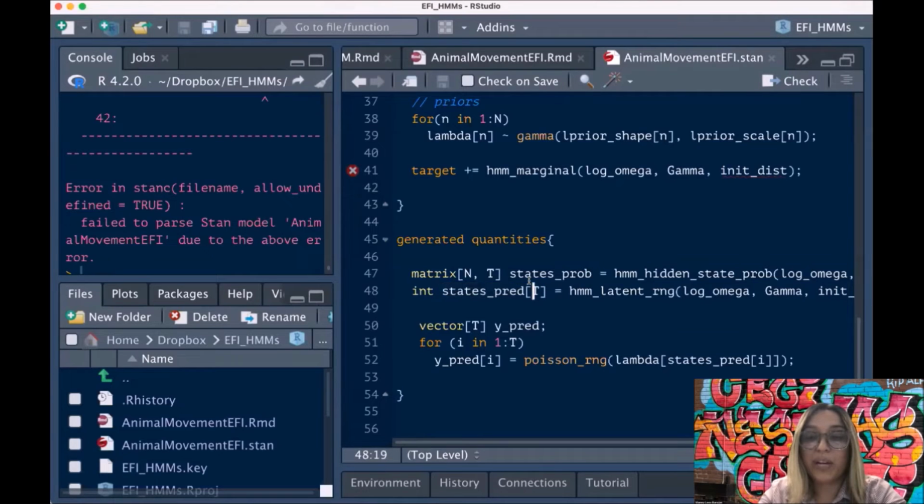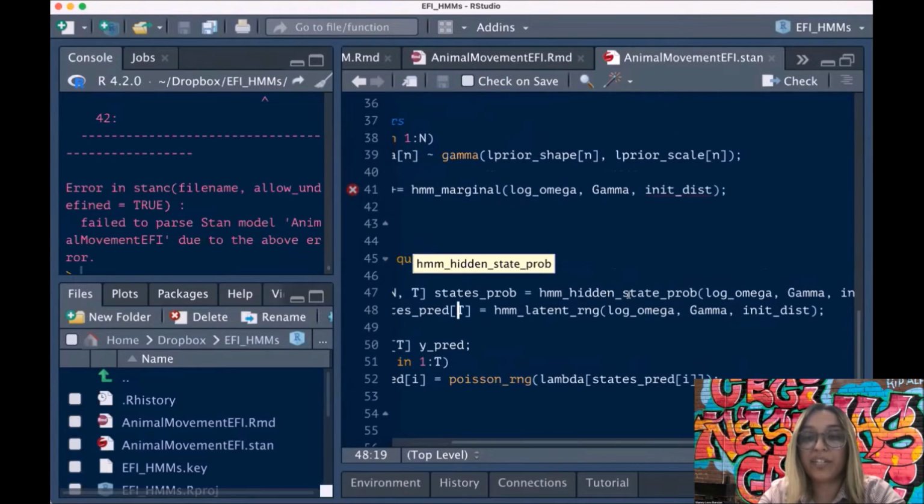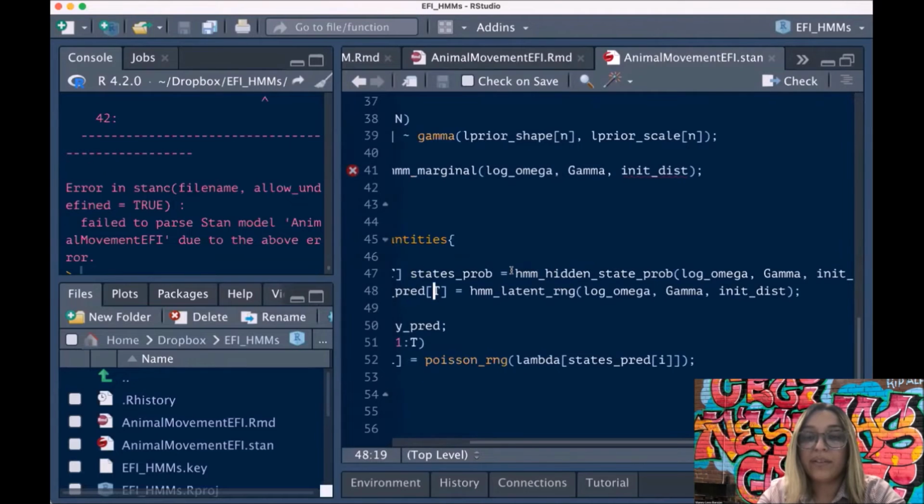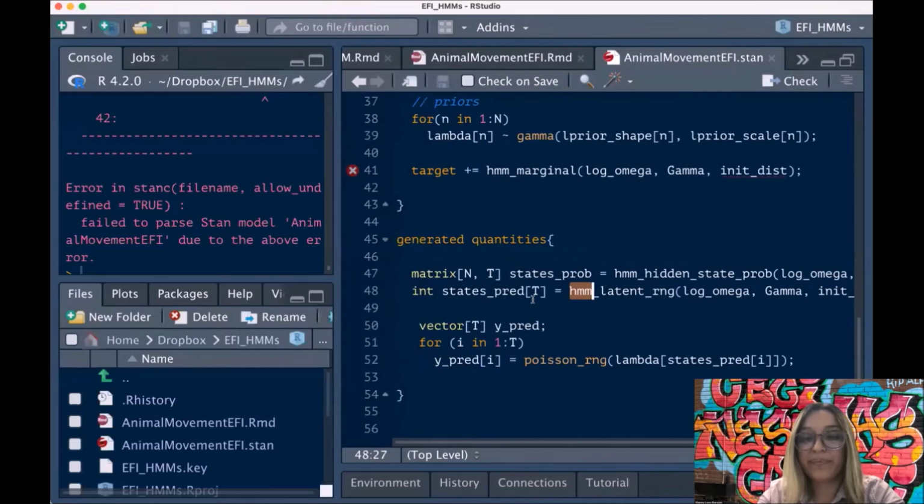Right, so we have state spread using hmm_latent_rng. So some of these functions are hmm_hidden_state_prob and hmm_latent_rng. And then given the states, we can generate data for use in a posterior predictive check.